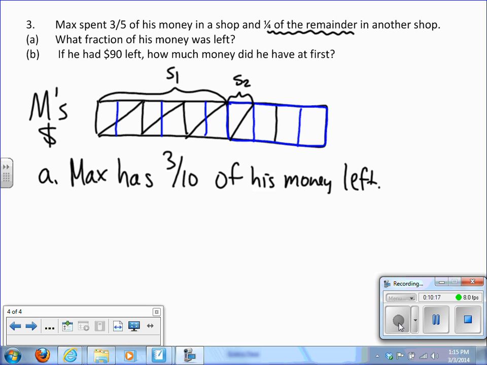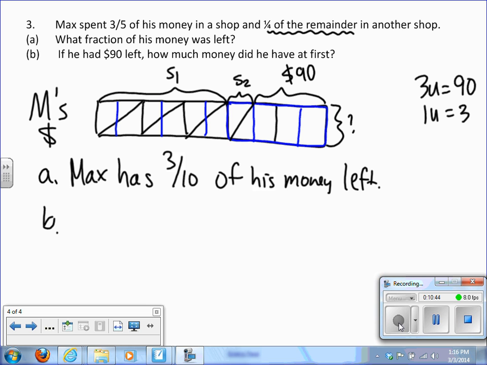All right. Now, it says for question B, if he has $90 left, so I can go ahead and brace this and say that it's $90, then how much did he have at first all together? Who can tell me what to do here? Cormac. Well, 3 units equals 90, so 1 unit equals 30.